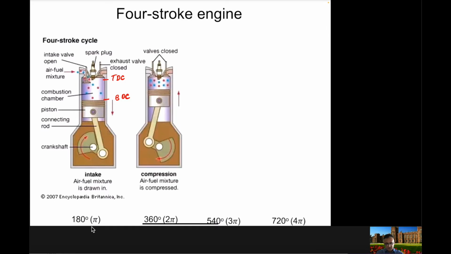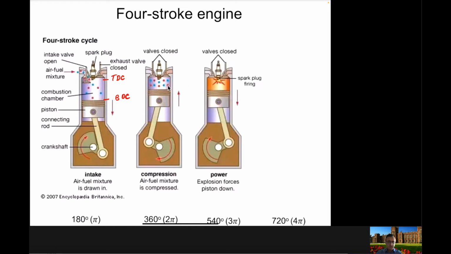Now in the next stroke, which is the compression stroke, you are compressing the air fuel mixture, and you will close both valves. In the next stroke, which is the power stroke, again both valves are closed and you are igniting the air fuel mixture, and this will force the piston to move in the downward direction, from the TDC to the BDC.